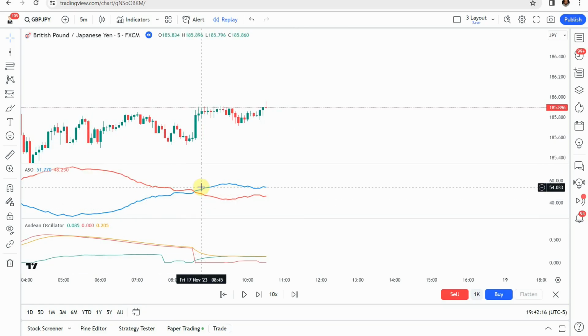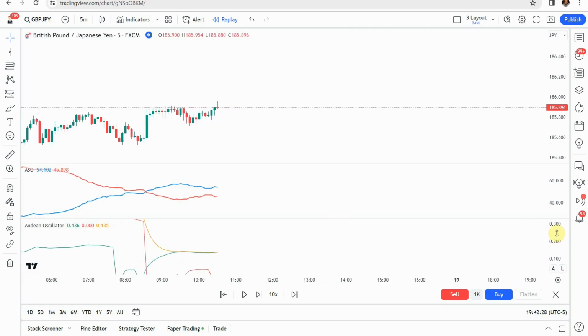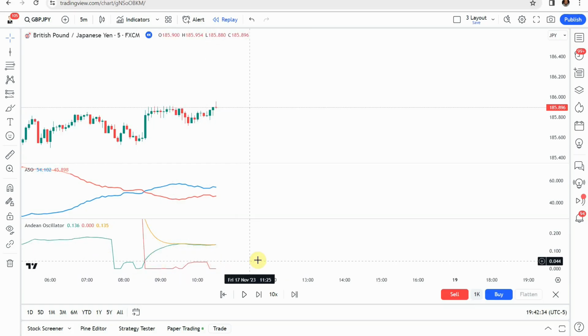When the blue line is on top of the red, that means we are only looking for long trades. Then we are looking for the Andean oscillator to give us a green confirmation, when the green line is above the orange and the red line.